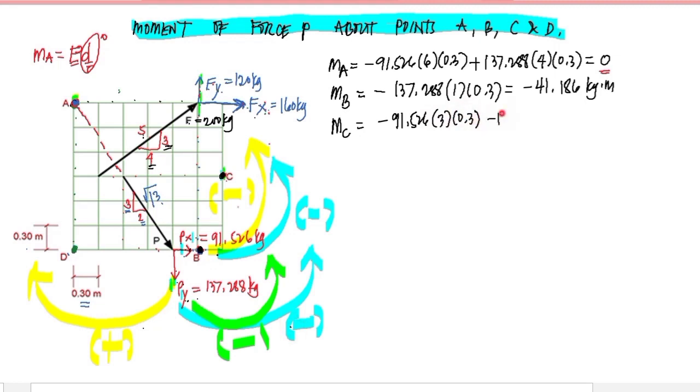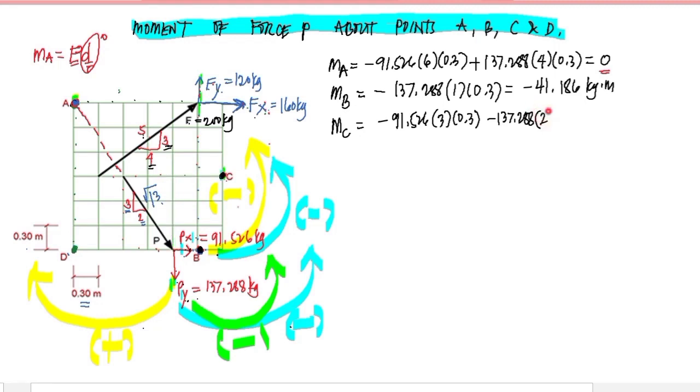Okay. So for the Py will also rotate counterclockwise. So it's negative 137.288 multiplied by the perpendicular distance. Since this is the line of action of Py, so therefore this is the perpendicular distance of Py to point C, and that's 2 blocks.